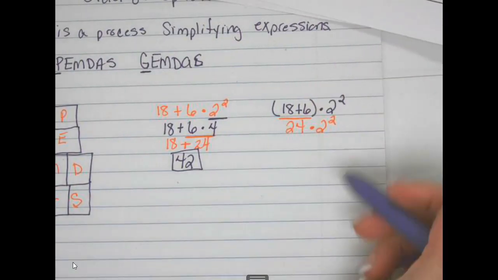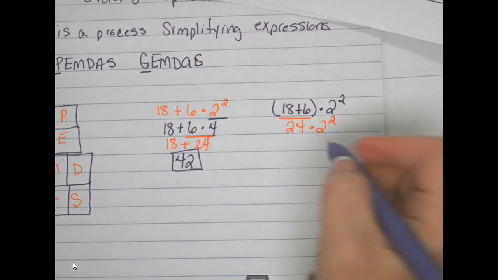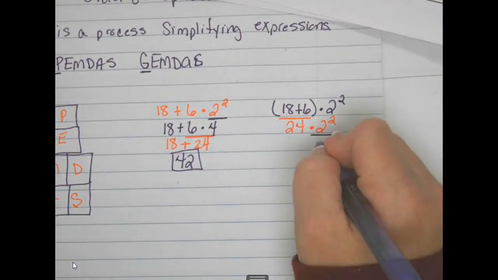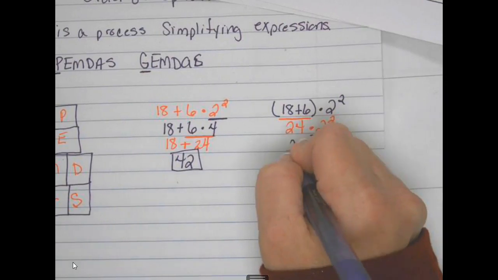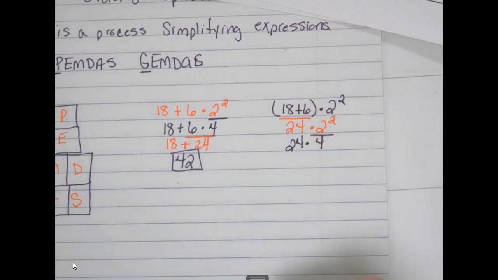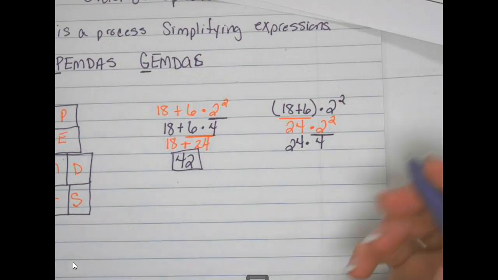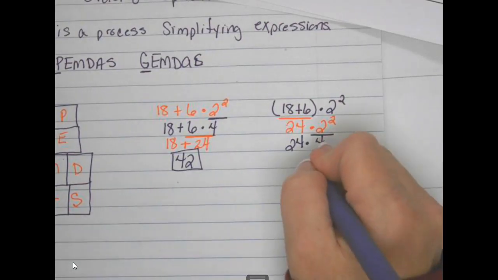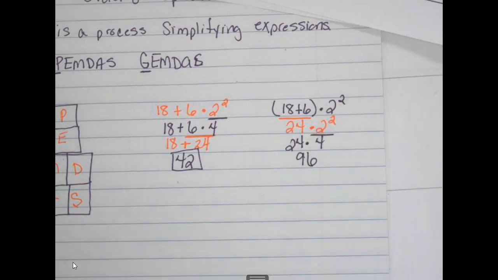Do I have any exponents? 2 squared is 4. So this is 24 times 4. And that gives me 96.